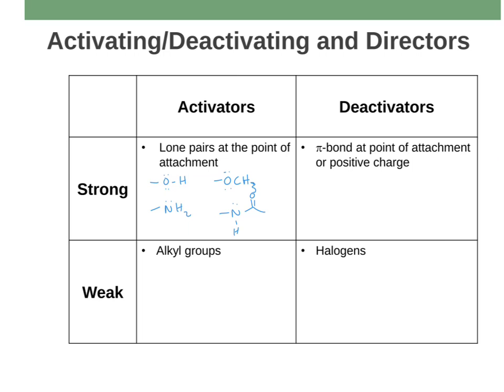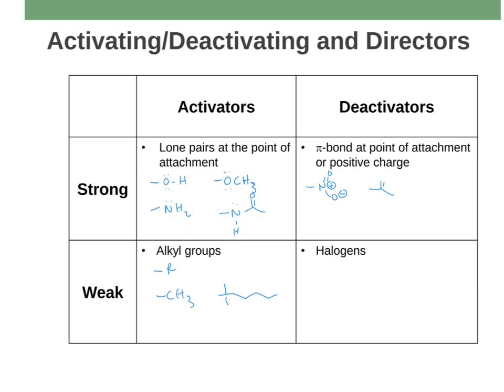We also said that the weak activators were the alkyl groups. So that's just your generic R group. It can be anything from a methyl to some long chain thing attached to your aromatic ring. Doesn't matter. And then our strong deactivators, we said those were things that had pi bonds. So a nitro group would be a good example because it has a pi bond and a positive charge.